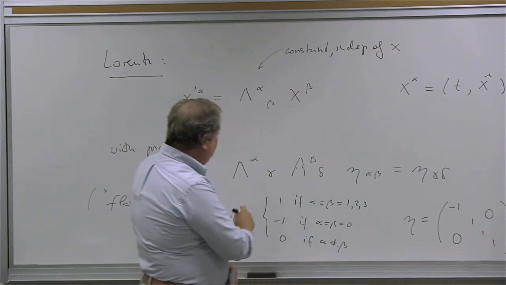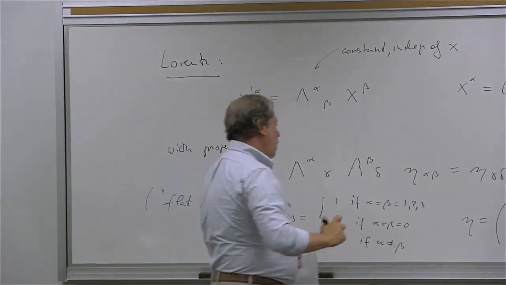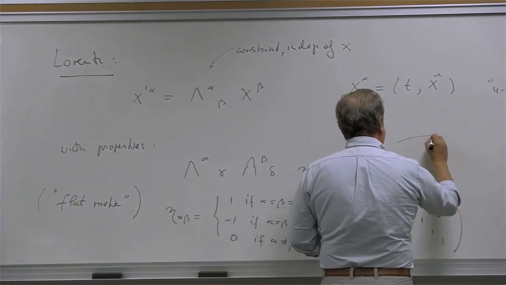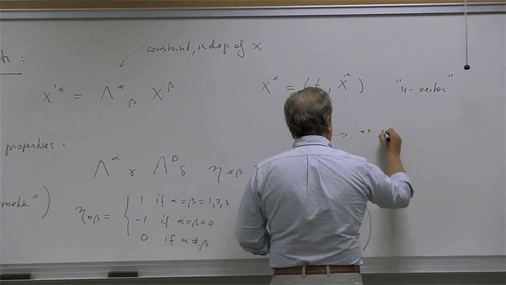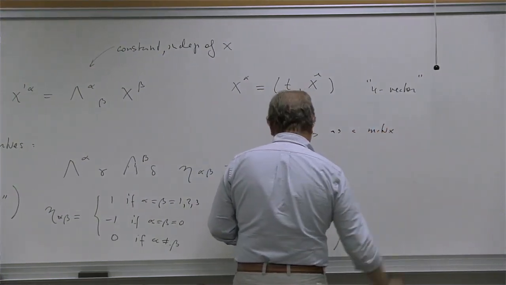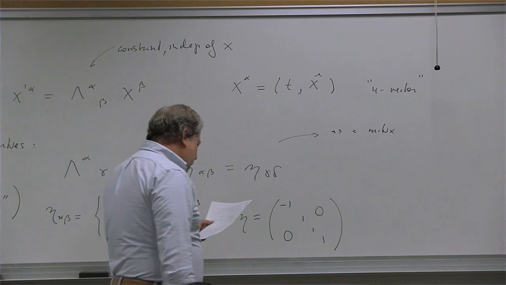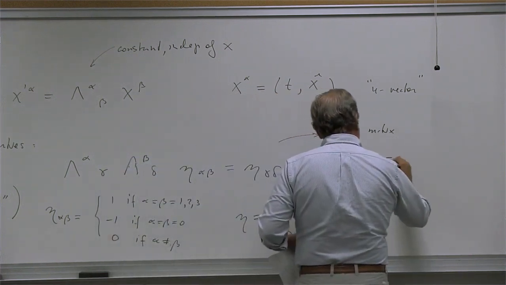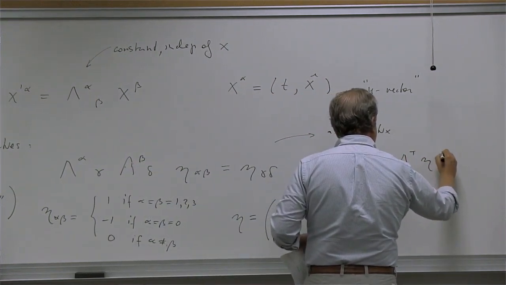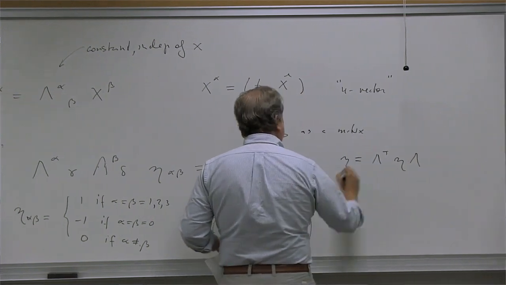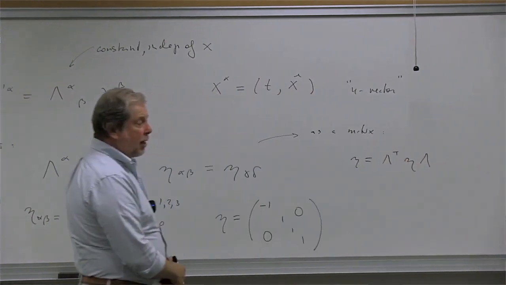Now, let me say one more thing, that this is, in fact, as a matrix, the same as writing η is equal to Λ transpose times η times Λ. It's the same relationship.